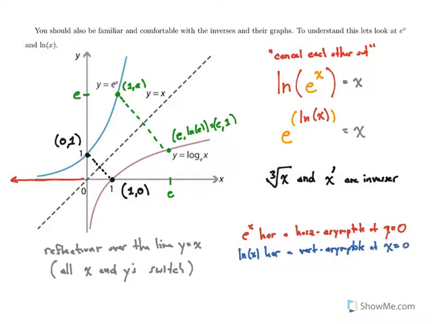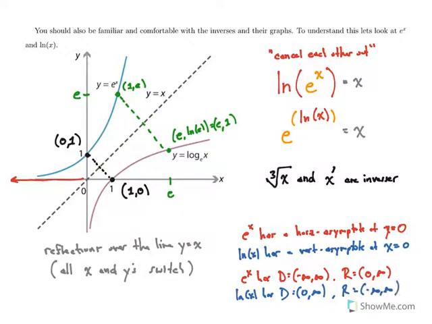at x equals 0. Another thing we could say is that e to the x has domain negative infinity to infinity and a range 0 to infinity. And natural log has a domain 0 to infinity and a range negative infinity to infinity.